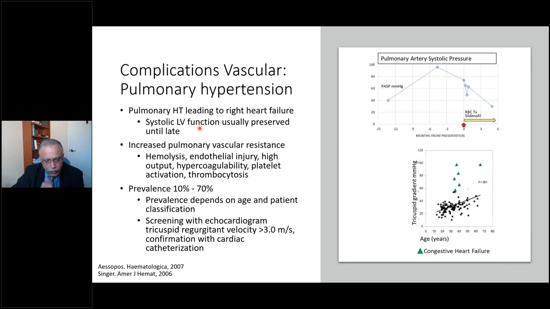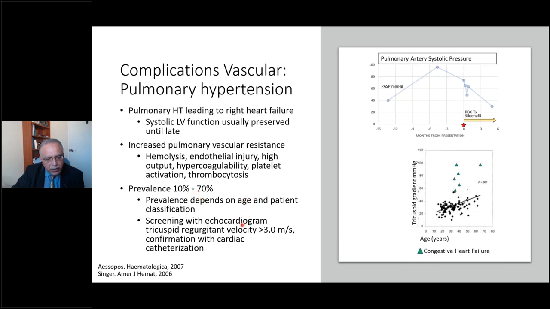This has been known for over 35 years now, and described in many different forms of non-transfusion dependent thalassemias. There's an increase in pulmonary vascular resistance, and the prevalence of pulmonary hypertension depends upon what age of patients and what group of patients is studied, but in some cases it's been described as high as 70%.